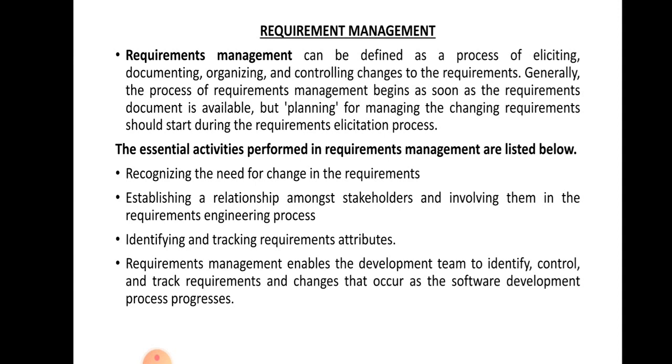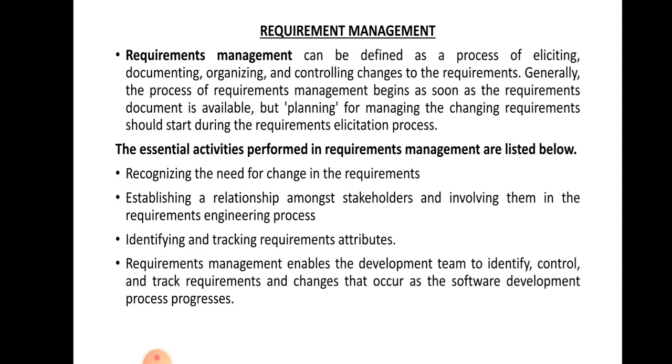There are some activities performed in the requirement management process. The first activity is recognizing the need for the change in the requirements. What is the need for the change in the requirement, and also providing the relationship among the stakeholders, who are required to be involved in each and every process of requirement engineering, and identifying and tracking the requirement attributes.